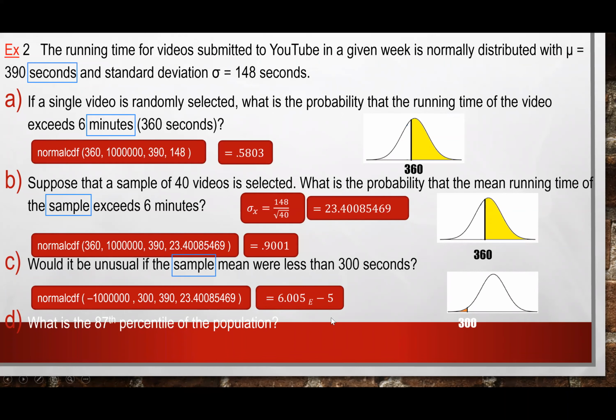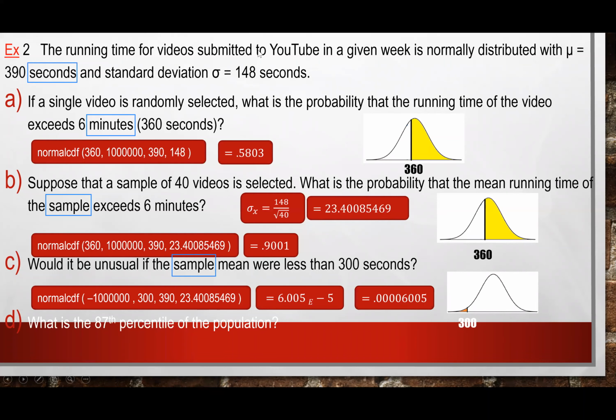This number is not bigger than 0.05, because technically you have to move the decimal 5 places to the left, which is 0.00006005. This number is smaller than 0.05, so this is unusual. It's unusual to have the mean less than 300 seconds, okay?